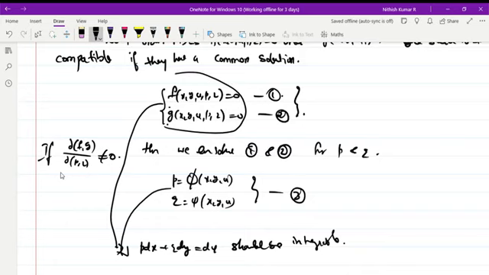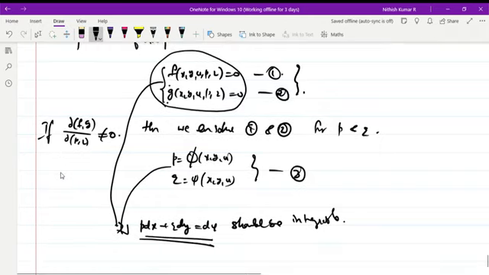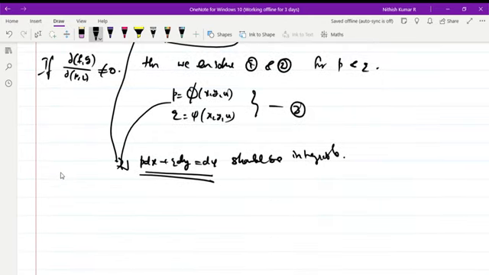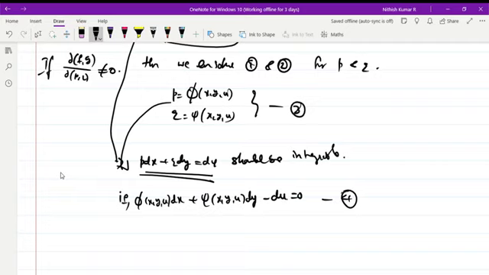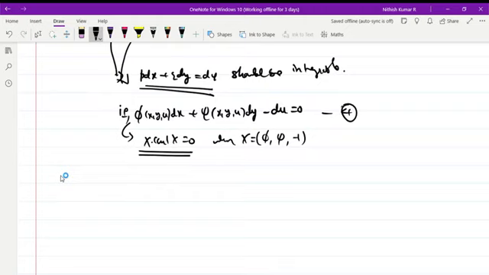So the condition for compatibility of these two equations is reduced to checking integrability of this equation, that is phi dx plus psi dy minus du equal to 0.